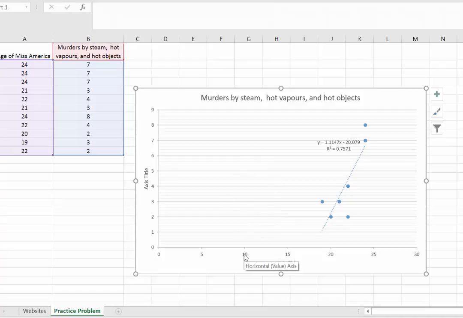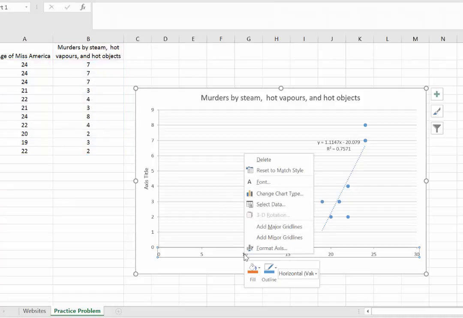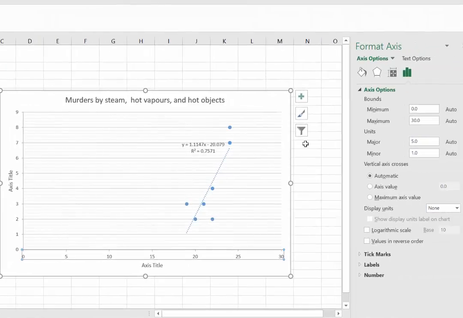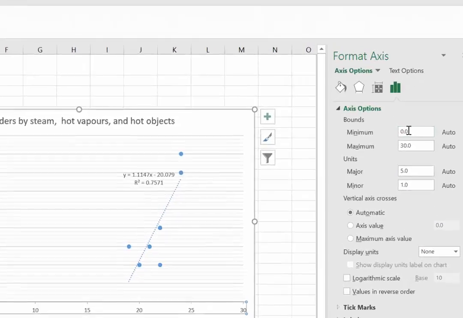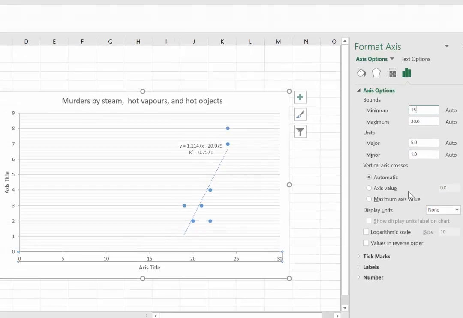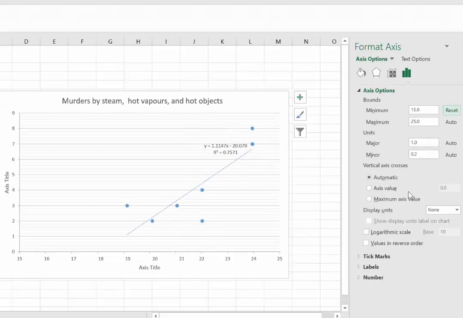So let's right click on a value on the x-axis and format axis, and let's make our minimum be 15 instead of 0. And then I think everything else is okay. So I'm just going to hit tab, and then it should change it. Yeah, that's a little better.